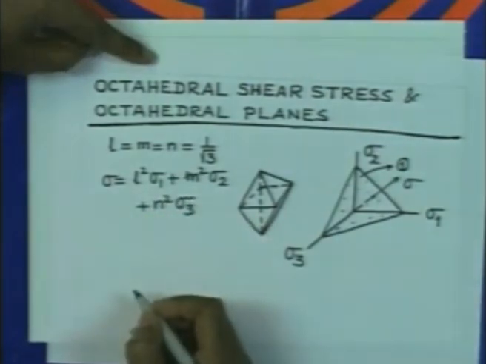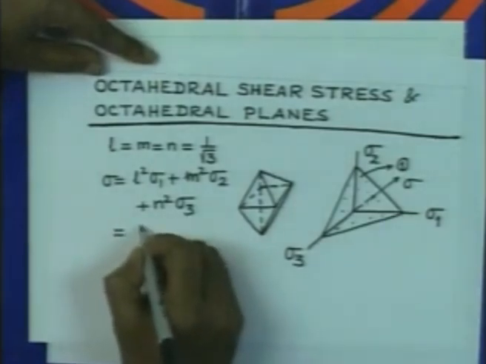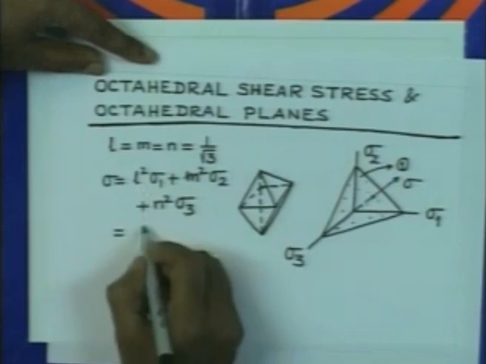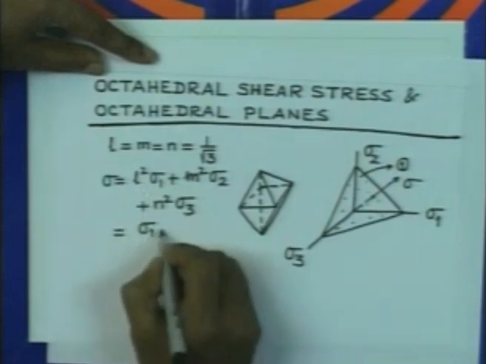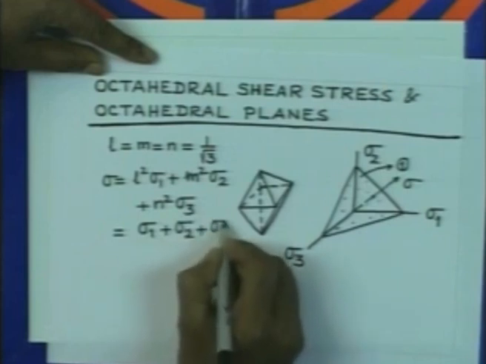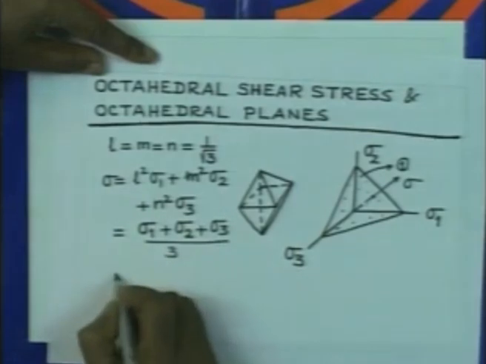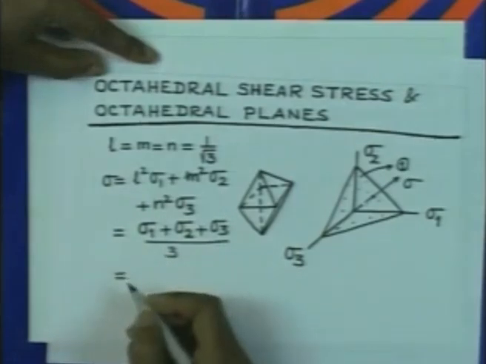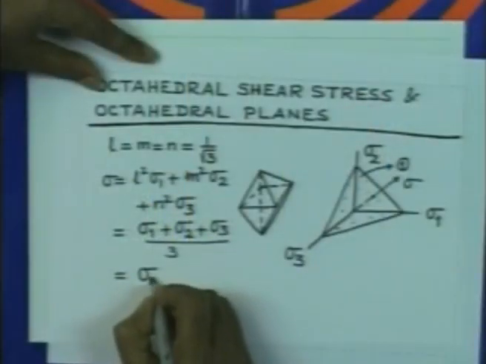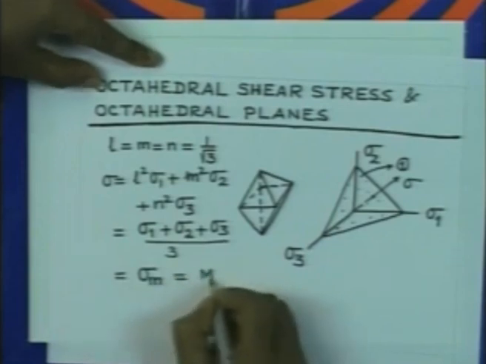So, this is the normal stress, and therefore, if you substitute the value, it will be sigma 1 plus sigma 2 plus sigma 3 by 3. So, it is the average of the 3 principal stresses and it is known as mean stress, and it is indicated as sigma m.